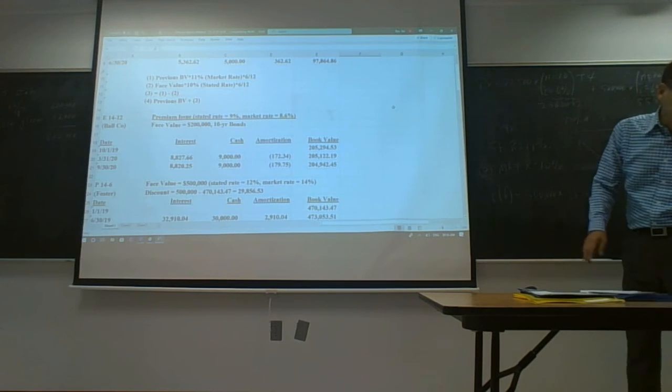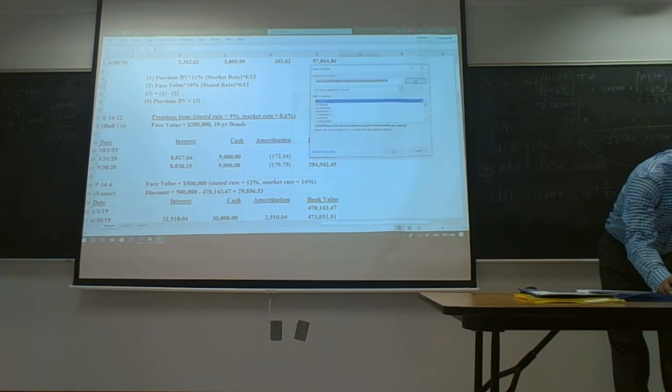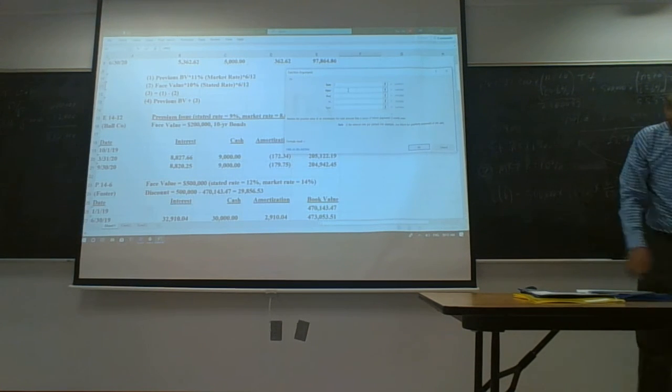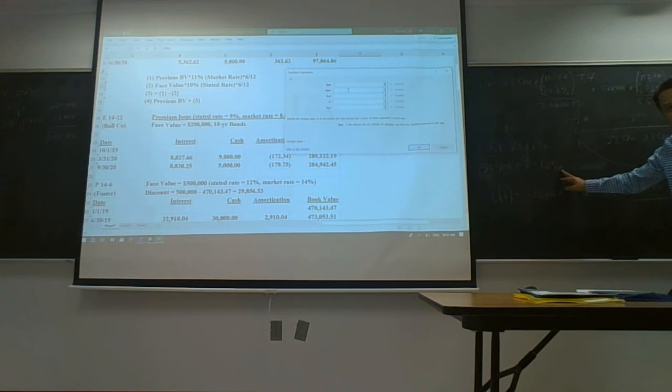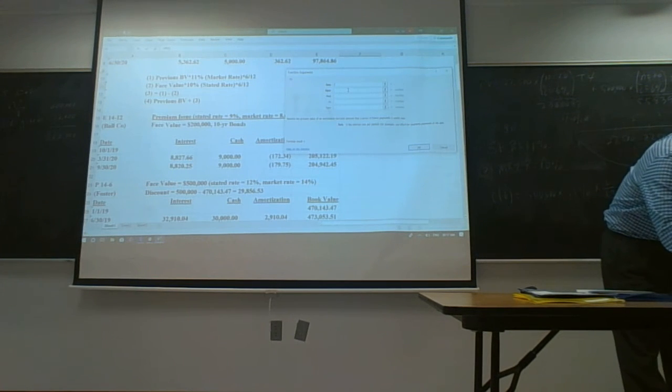Present value, same. The market rate is now 10%, so half of 10 is 5, 0.05.